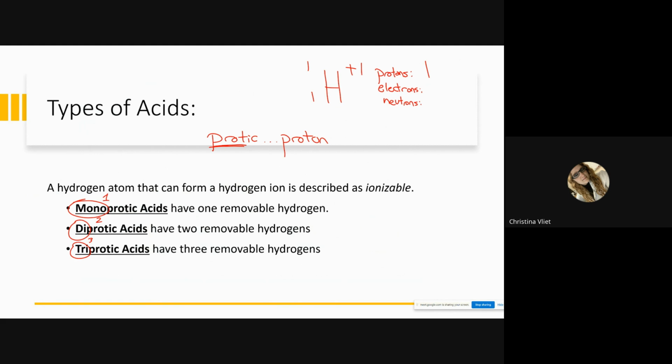Okay, plus 1 means what's happening with the electrons? Are they being given or taken away? So you start with 1 proton and 1 electron, but you're taking away 1 electron. So how many electrons does H plus 1 have? In a neutral atom, you would have the same amount of protons and electrons, 1 of each.